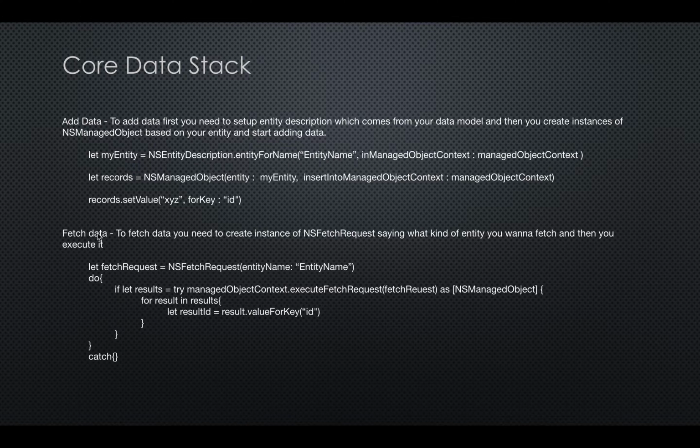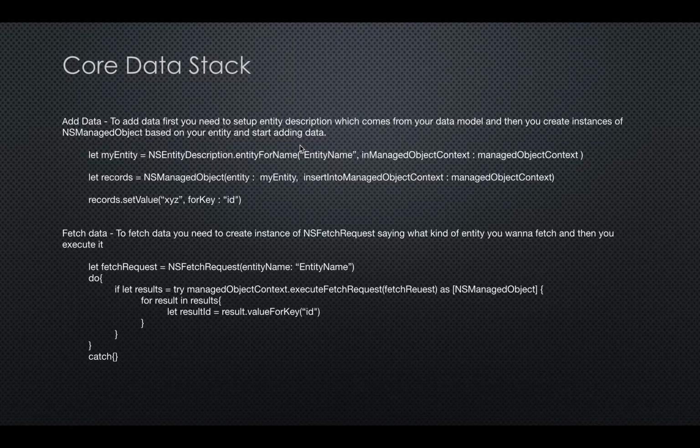Okay, for fetch you have to call NSFetchedResultsController and provide your entity name, and based on this reference variable, you will be able to execute a fetch request. So with the help of MOC, you will be able to execute this fetch request, and you will get your result, and you can loop through your results. So this is very simple code. So for fetching, you need to use NSFetchedResultsController, as simple as that.